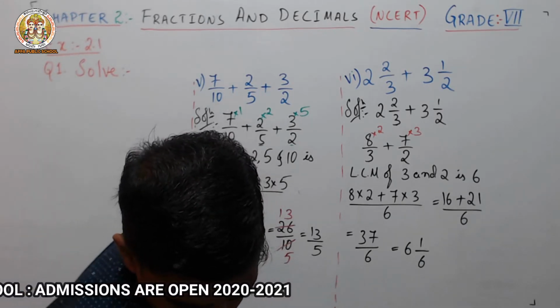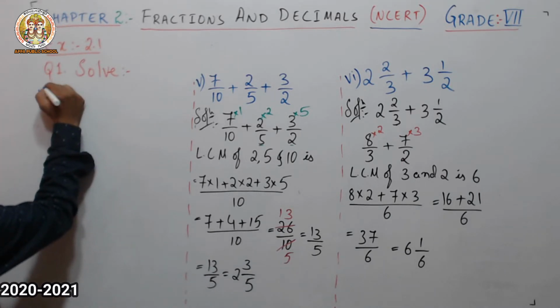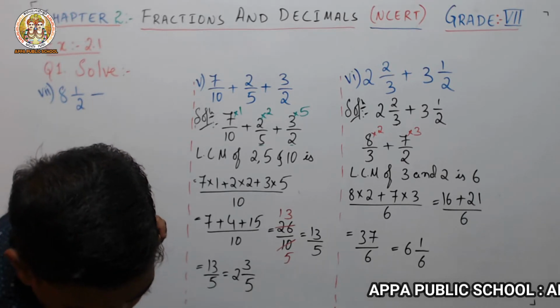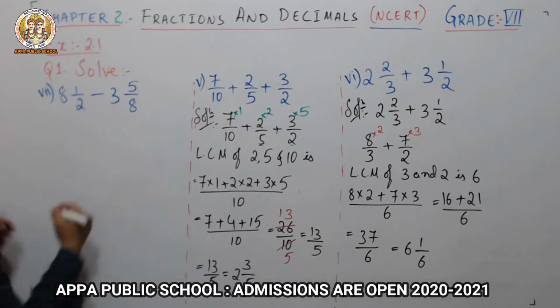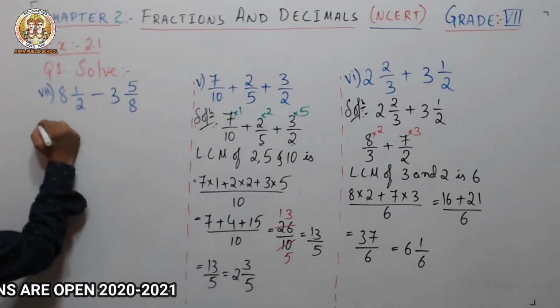7th bit, that is 8 integer 1 by 2 minus 3 integer 5 by 8. That is the question. So here once again it is in mixed fraction.